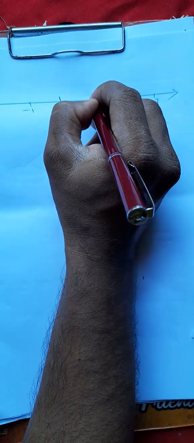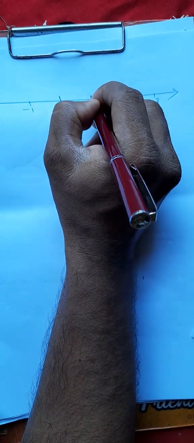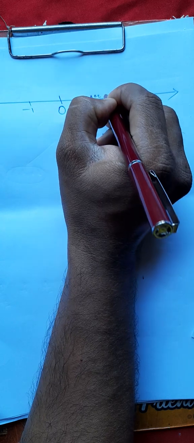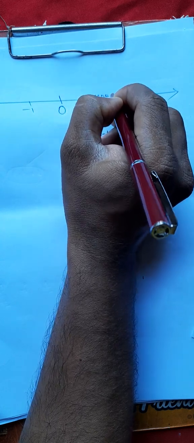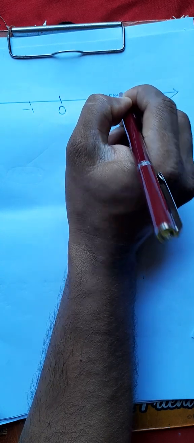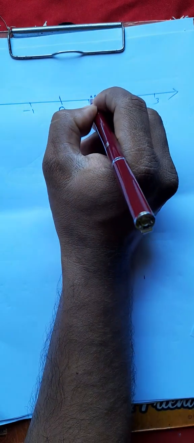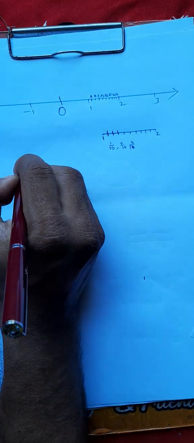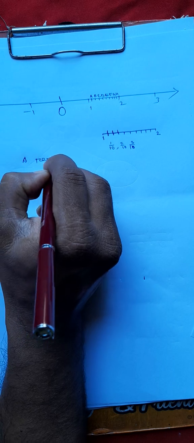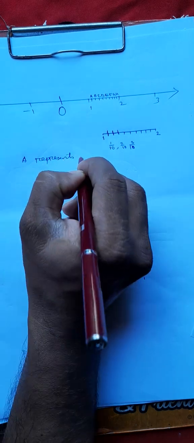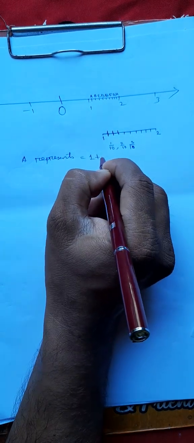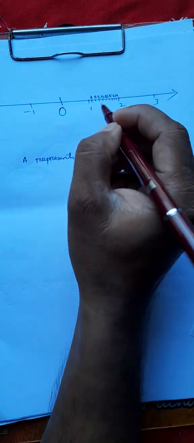Say for example you denote these points by A, B, C, D, E, F, G, H, etc. Now point A represents 1 plus 1/10, right?